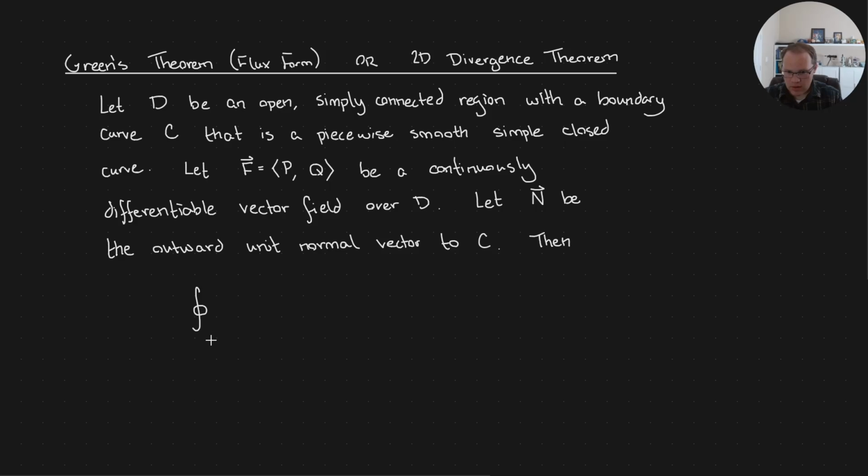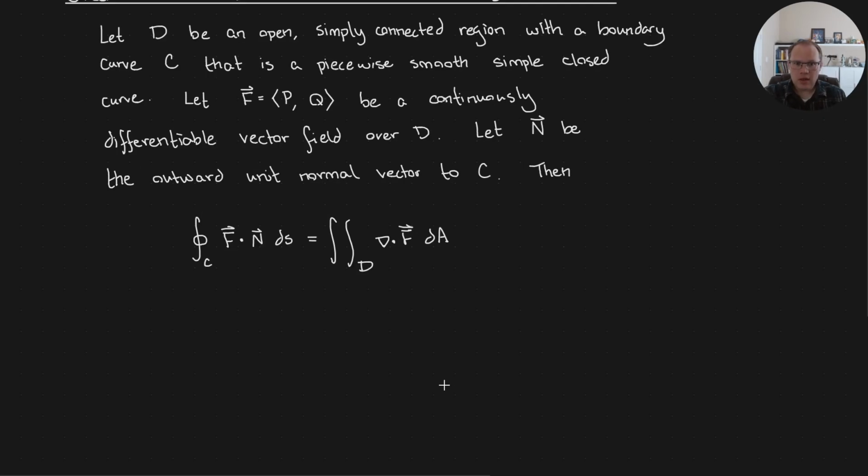Then the integral over curve C of the vector field dotted with that unit normal vector is going to be the double integral over D of the divergence of that vector. Okay? All right, so let's understand what it's saying here.